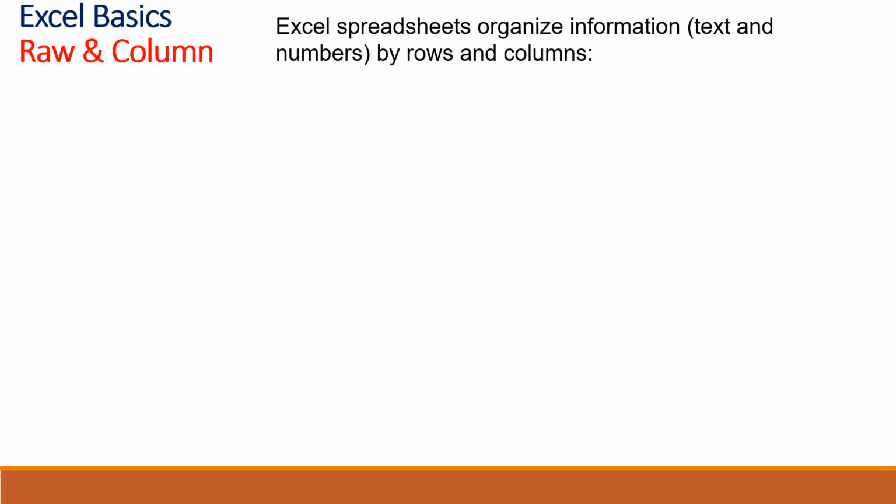Now, below the home ribbon is the Excel sheet, which contains columns and rows that are used to input data into Excel. Hence, the spreadsheet is used to organize information, text, and numbers by rows and columns.